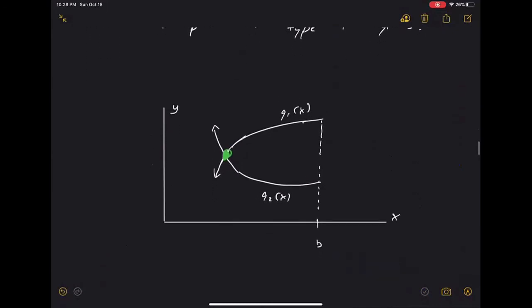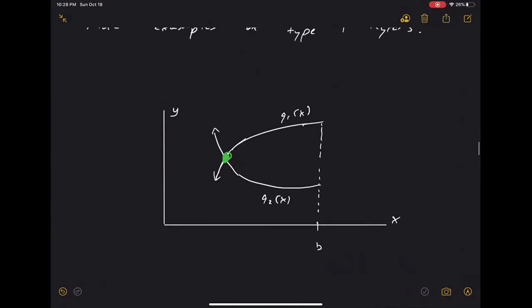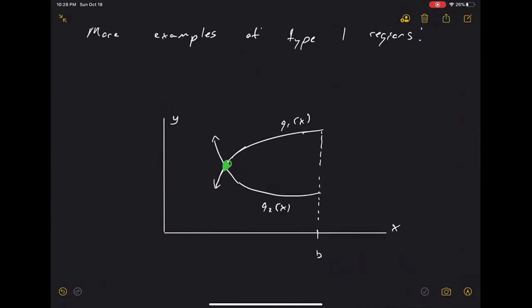Sometimes those horizontal bounds are a little less clear cut. So maybe, for instance, you're just given this region. The problem might be phrased like this: integrate over the region bounded by g1 and g2 and x equals b.